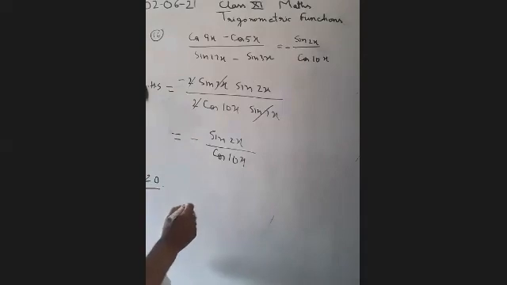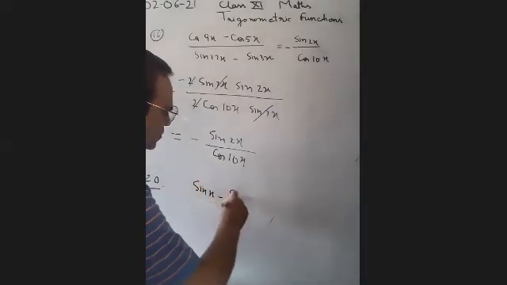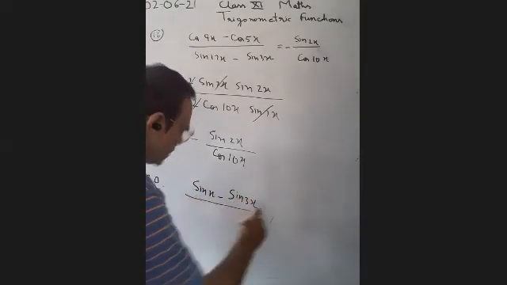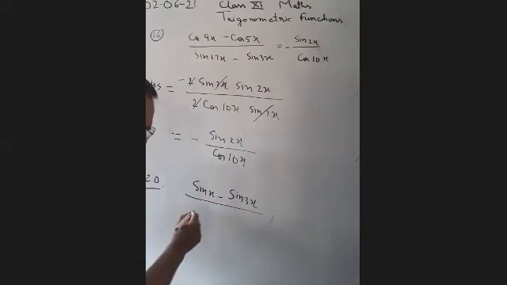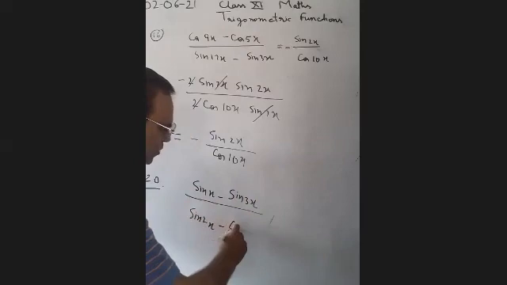sin x minus sin 3x divided by cos square x minus cos square x.